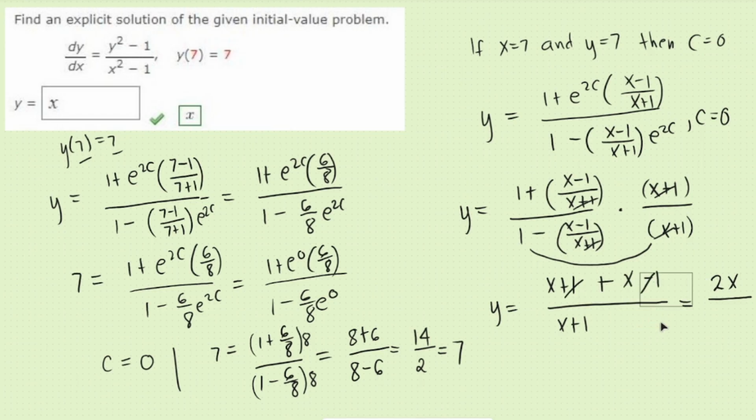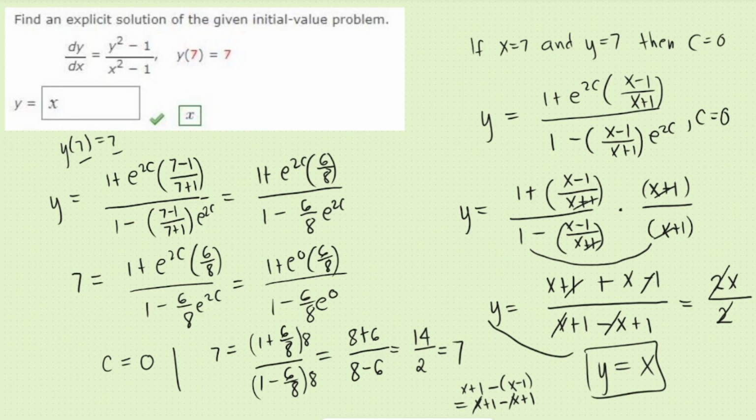Remember, x plus 1 minus (x minus 1) is x plus 1 minus x plus 1, okay? So x minus x is 0, cancel that out. 1 plus 1 is equal to 2. So we now have y is equal to x, which is the solution of our initial value problem.